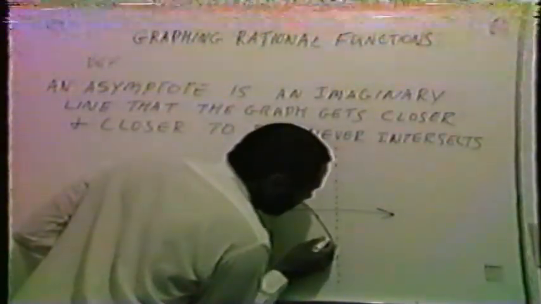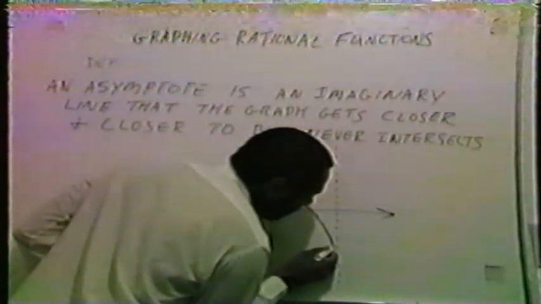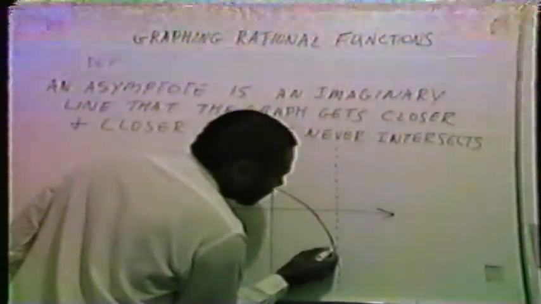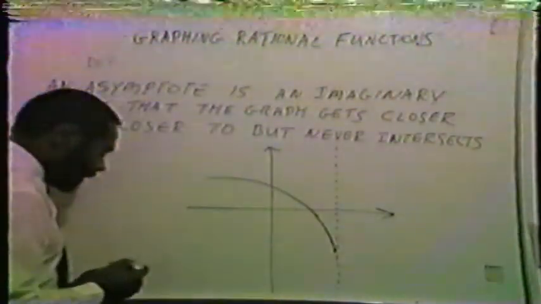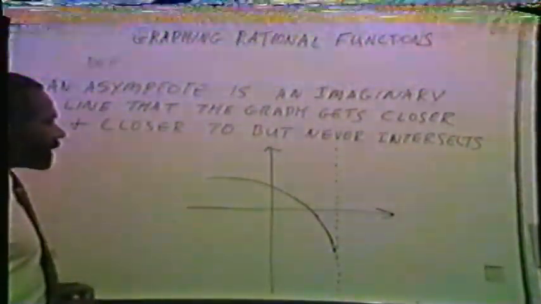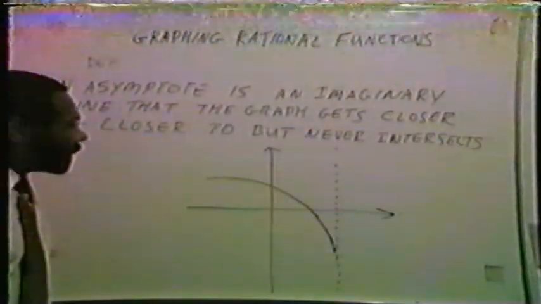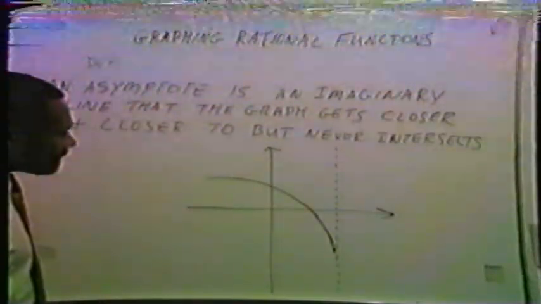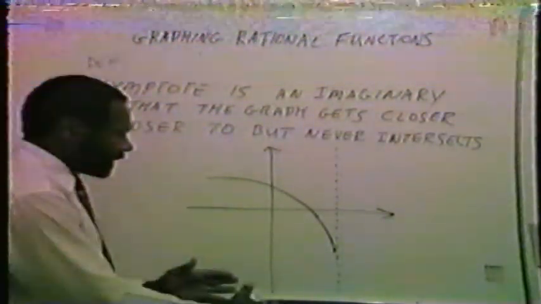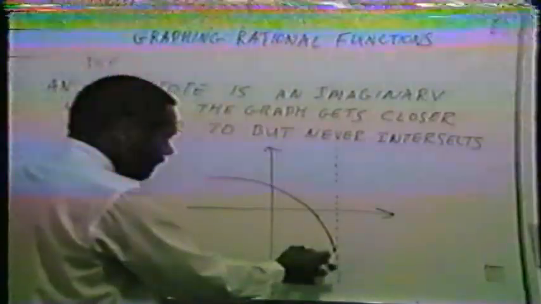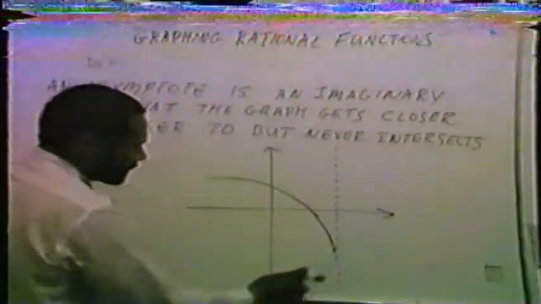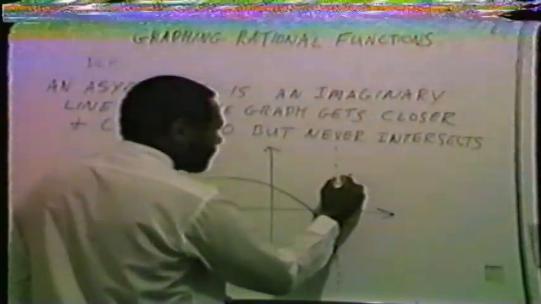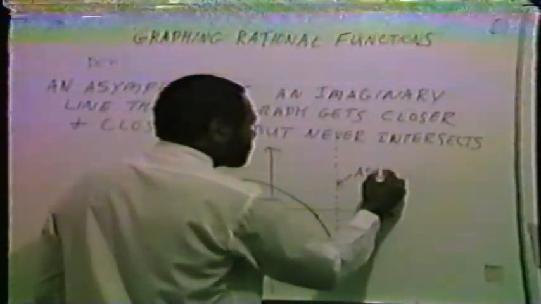If I keep on going, even though in reality, or theoretically in mathematics, it never touches that imaginary line, it'll look like it's touching, because in reality we use instruments to draw our lines, and we don't have a microscope to see that there is still a difference between the graph and the imaginary line. So as you can see, this imaginary line here would be an asymptote.